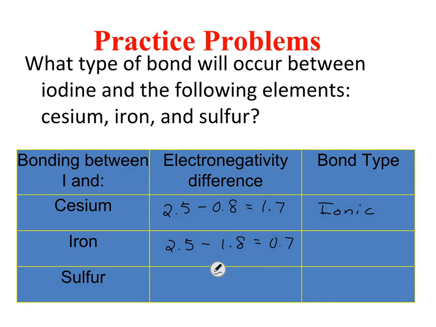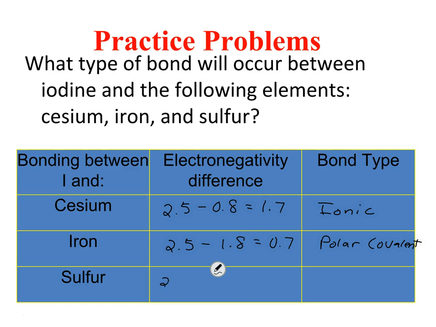So looking back on our chart, we find that 0.7 would lead us to have a polar covalent compound. So this tells us that we're dealing with something that has an unequal distribution of electrons. There's a higher density of electrons in one part of the molecule than the other part.